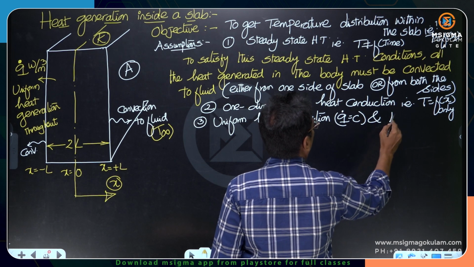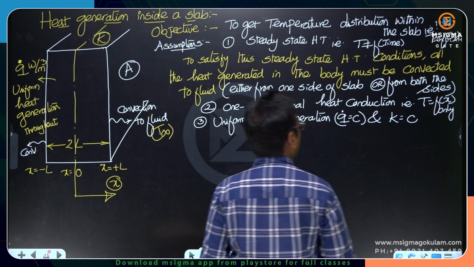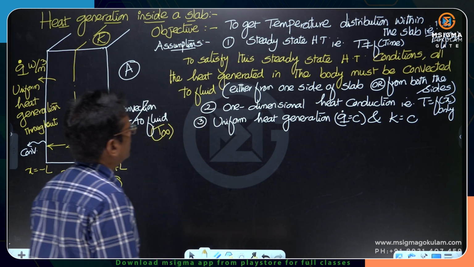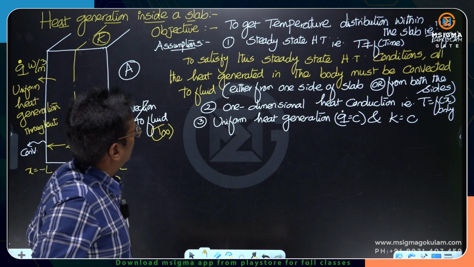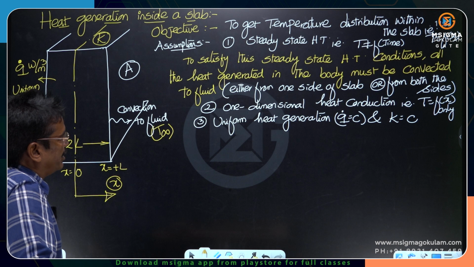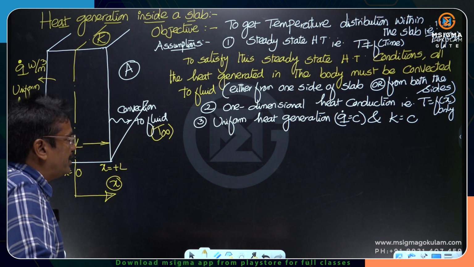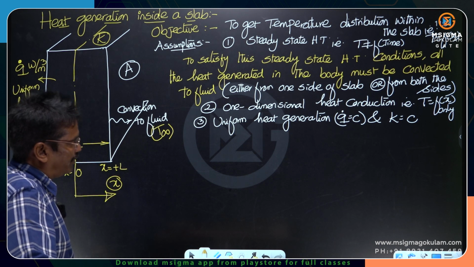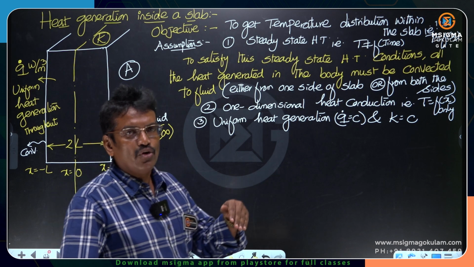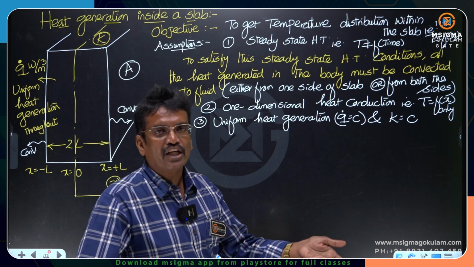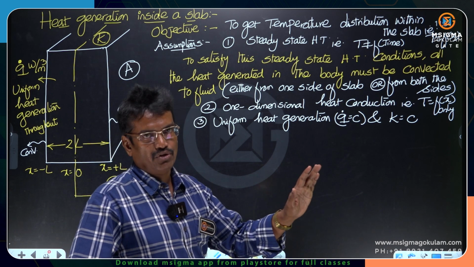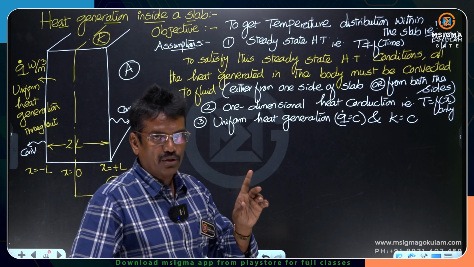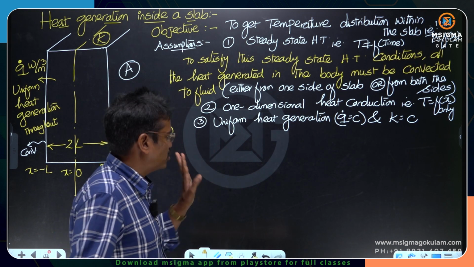And constant thermal conductivity, K of the material is also constant. So these are the assumptions we make: steady state heat transfer, one-dimensional heat conduction, and uniform heat generation. Uniform heat generation means Q dot is not a function of x or y or z. Q dot is constant. Uniform means same at every location. And material property K is also a constant.